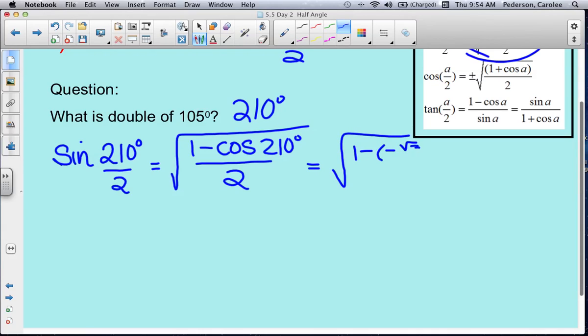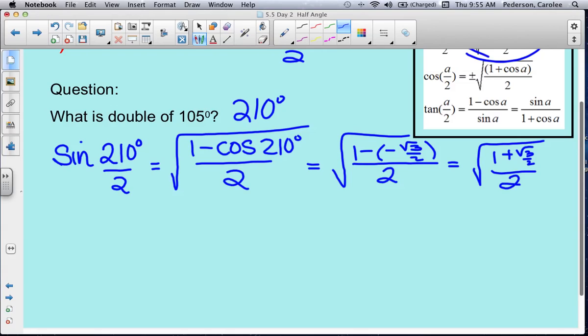So we replace that cosine of 210 degrees with negative square root of 3 over 2. Now, just like yesterday, it's reduce, reduce, reduce all the way down. So negative, negative in that numerator turns into a positive square root of 3 over 2.